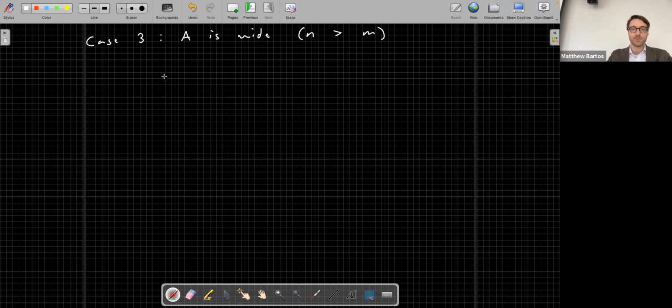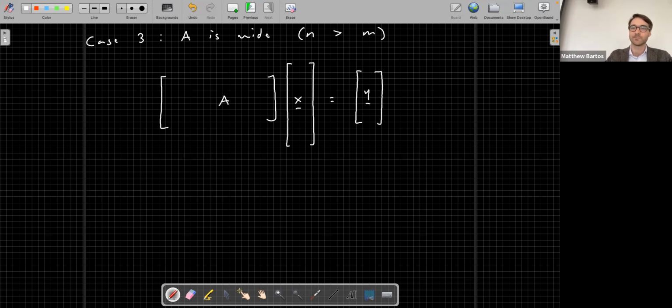We can write this out. We have A, multiplied by some taller vector X, and it's producing a shorter vector Y. And we're trying to find this vector X for this system of equations. So we have more unknowns than equations.